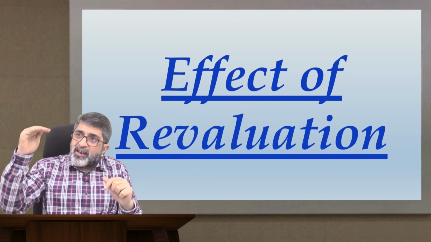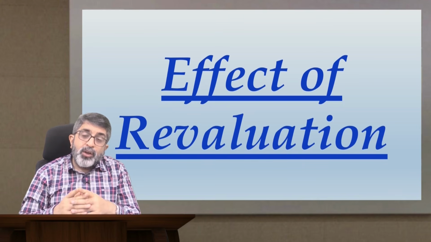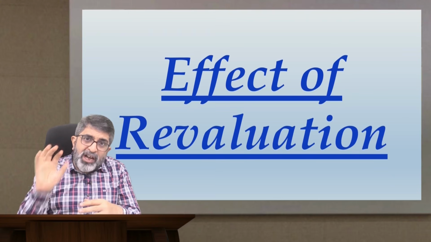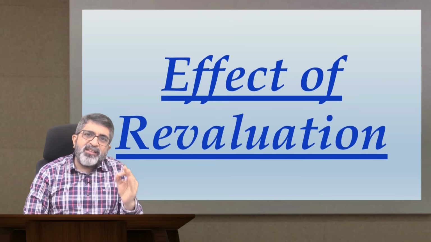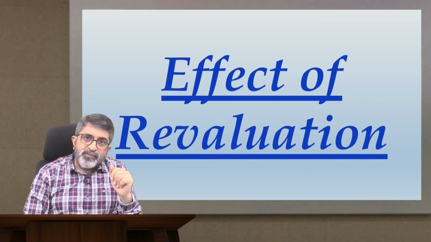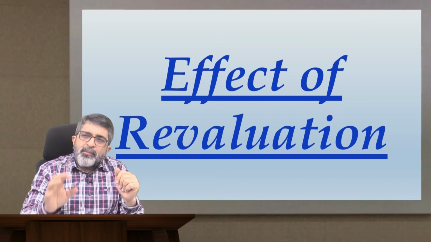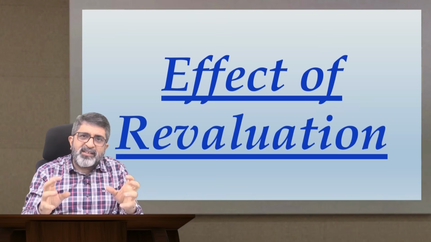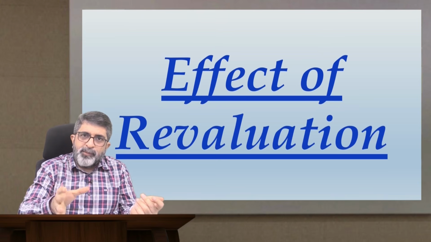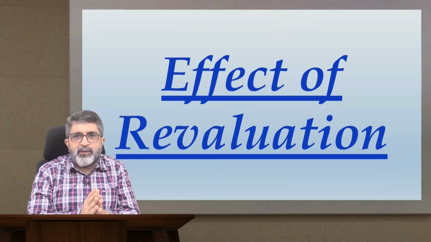However, if there is a downward revaluation, you need to charge that loss arising on revaluation directly in the statement of profit or loss. A downward revaluation is as good as impairment, so whatever treatment you give for impairment losses, you give for downward revaluation.